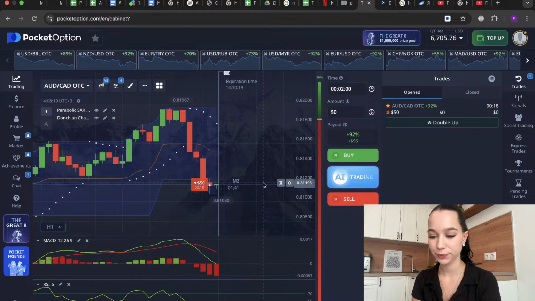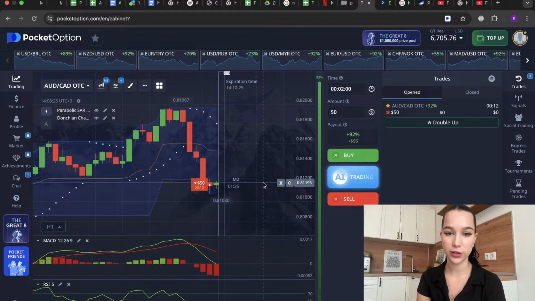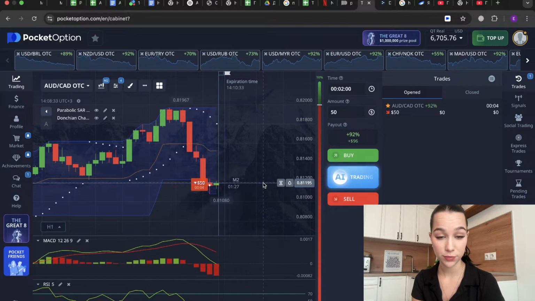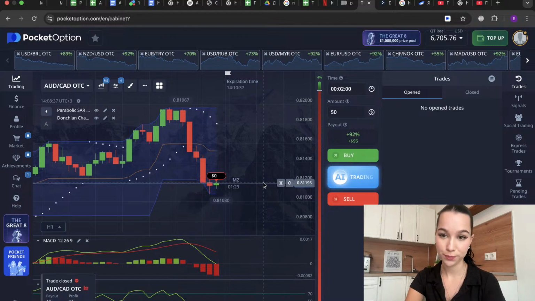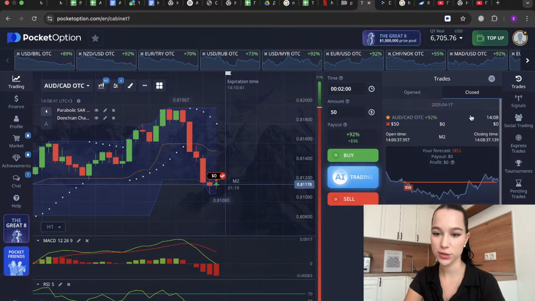Okay, now it starts reversing a little bit, but it fluctuates around the entry point. So let's see. Okay, but we're almost in a plus. 3, 2, 1. Okay, it was really close. You can see plus 17 points.